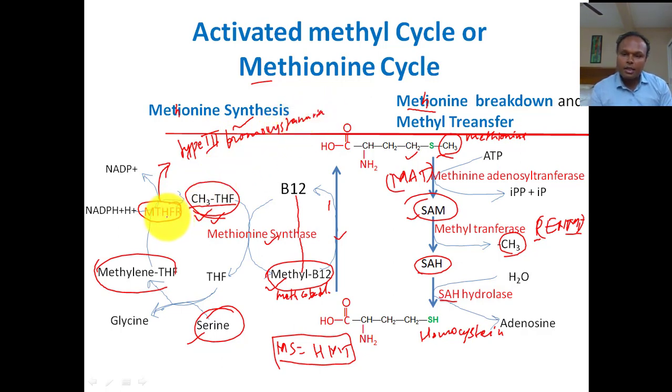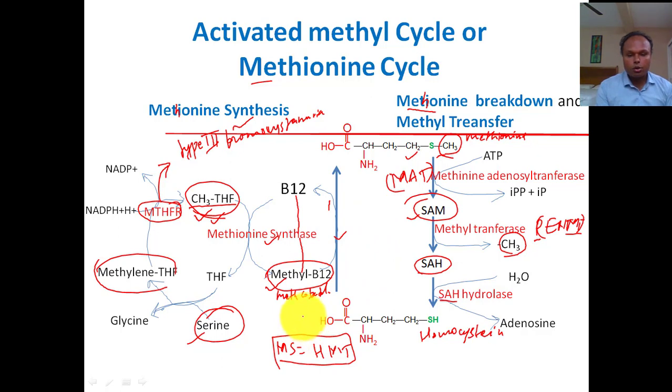If this enzyme is deficient, there will not be production of methyl tetrahydrofolate, and so there will not be reactivation of the cobalamin present in methionine synthase. The cobalamin will not be converted into methyl cobalamin, and so homocysteine will not be rejuvenated.